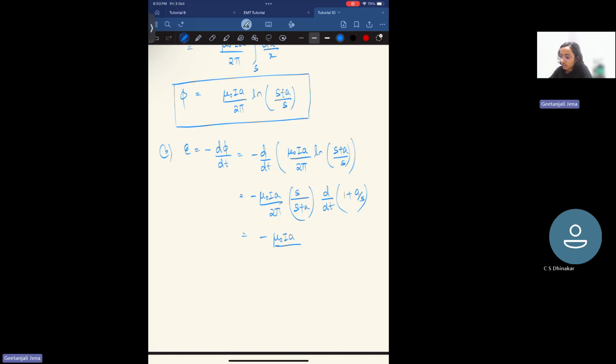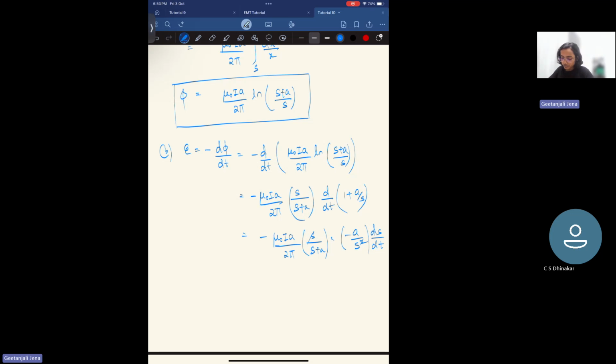So this will give minus of a by s squared. One s will cancel, and there will be ds by dt, which is nothing but the velocity.